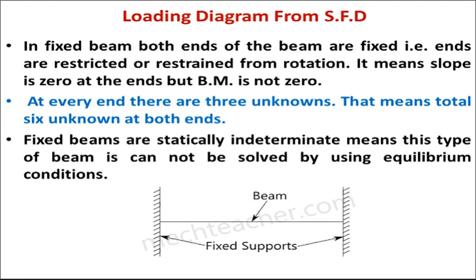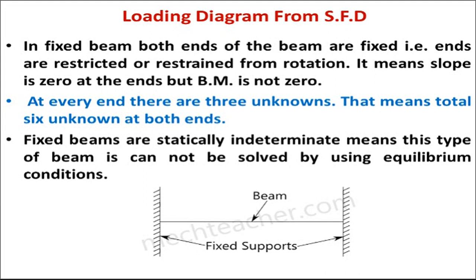You just have to remember that because of the fixed end conditions at both ends, in each fixed end three different reactions are formed. That is a horizontal reaction, a vertical reaction, and a moment acting at the fixed end. Since both of these ends are fixed, there are a total of six unknowns, or six reactions.